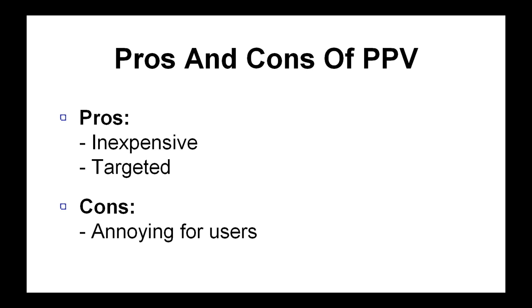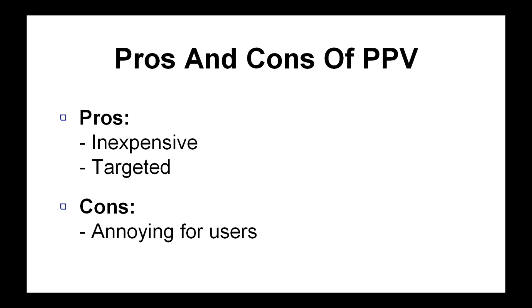For example, if someone searched for golf, and then your ad related to golf shows up, that means you have a high chance that the user will click on your ad. In my opinion, the only con of PPV traffic is that it is annoying for users because people don't like pop-ups. I mean, really, have you ever met anyone that says, "Oh, I love those pop-ups I get on my computer"? This is why you really have to offer the user something of value.